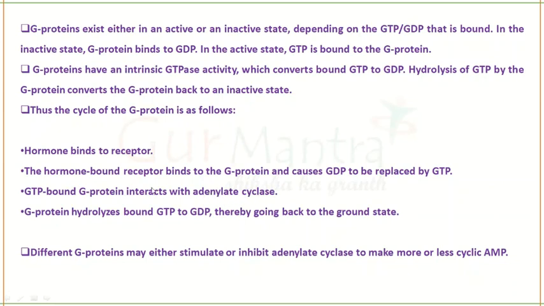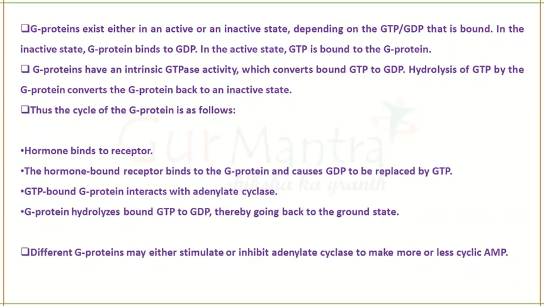If there is hydrolysis of GTP to GDP, the G protein will become inactive and go back to its original state when there was no ligand bound to the receptor. So this is the cycle of G protein activation and inactivation.